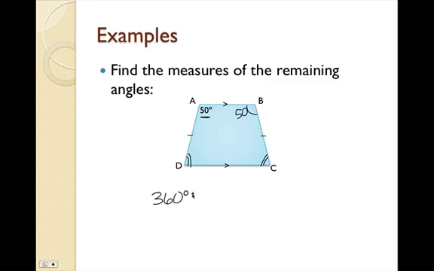So we have 360 degrees equals 50 plus 50 plus angle D plus angle C. However, we know these two angles are congruent to each other. So if we simplify, we get 360 equals 100 plus 2 times angle D.